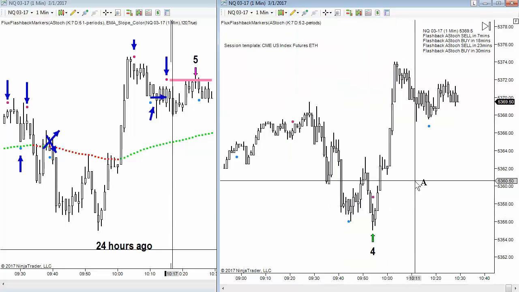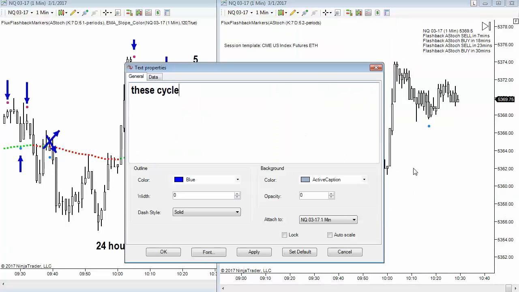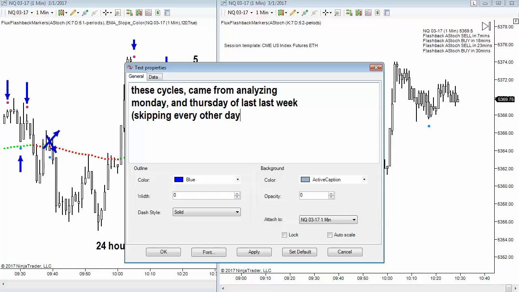So these cycles came from analyzing Monday and then Thursday of last week, skipping every other day, or what I call a 2-day cycle.